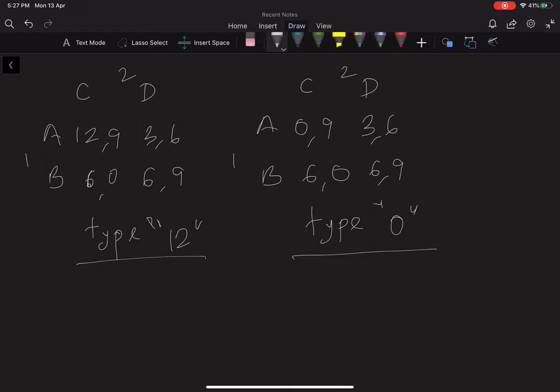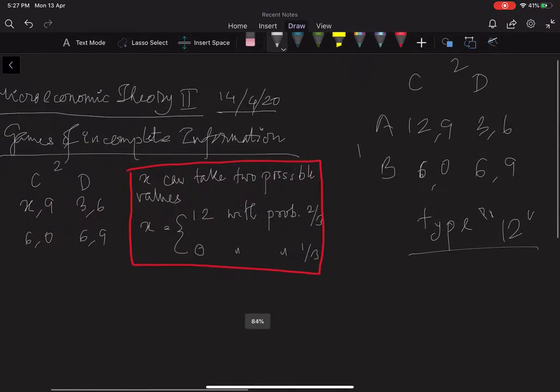Okay, suppose the chance is a player, or the world outside, nature, is a player, and nature doesn't have any strategy. It just tosses up a coin to decide whether player 1 will be type 12 or type 0. Okay, and the coin toss probabilities are given by the probabilities I mentioned here, right?